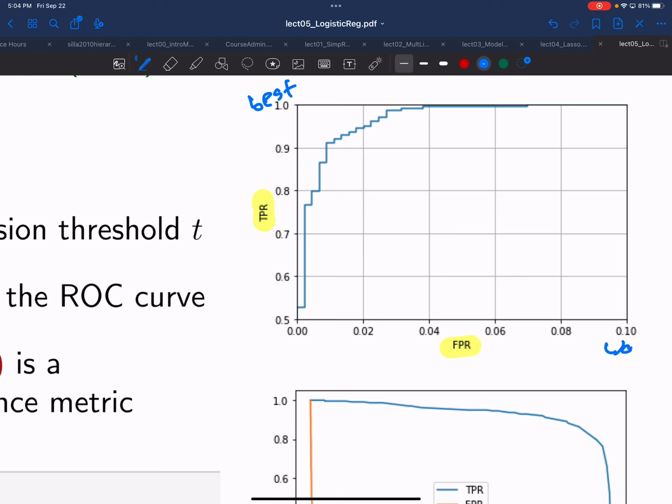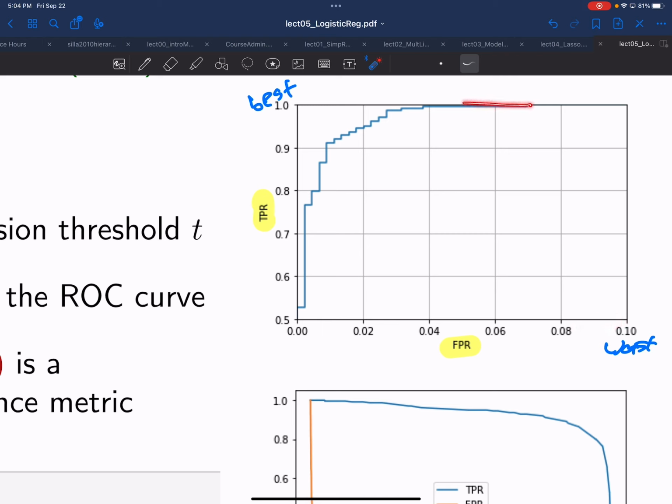Sorry, I said that wrong. You want to be up here where your true positive rate is high and your false positive rate is low. So you don't want to be making any false positives, but you want to be making lots of true positives. The worst case is down here, where your true positive rate is low and your false positive rate is high.